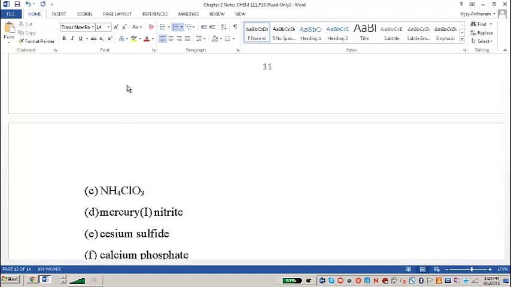What is this? NH4ClO3. So this is ammonium chlorate. NH4 is plus. Again, make sure you know your flashcards. And chlorate is ClO3 minus.